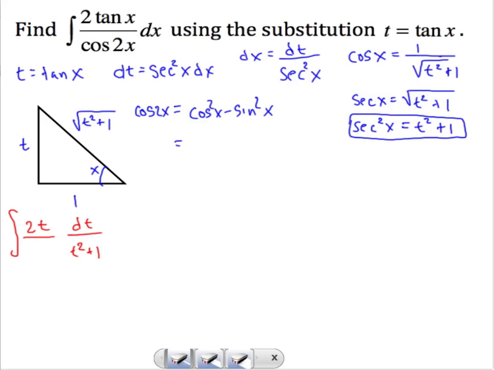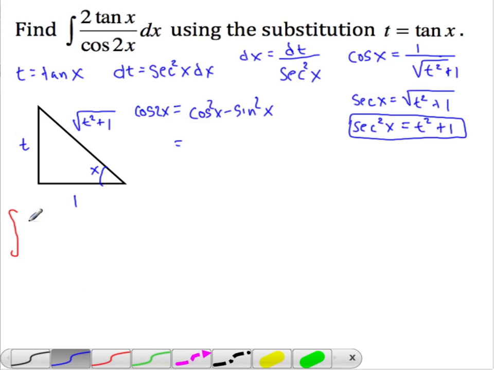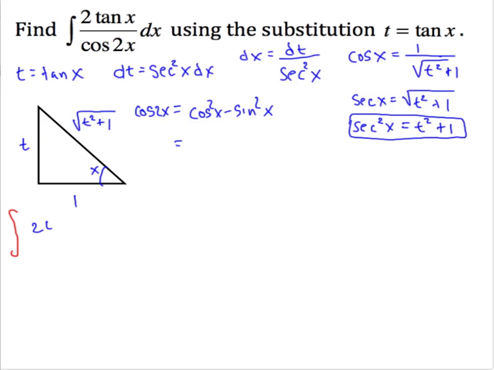So cosine squared x. Oh, this is getting really nasty. I'm going to start over here. Okay, 2t, sorry, 2t over cosine squared x, which is here, 1 over, and I'm squaring it all in one step, t squared plus 1, minus sine squared x.